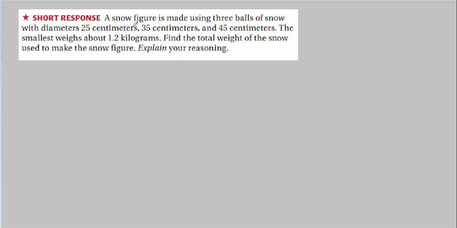Let's check out the scale factor from the small one to the middle one. And what do we get? 25 over 35. Well, that's the same as 5 over 7, right? And that equals k. But we don't want k, do we? We want k cubed. If k is how the diameters move, and those are the linear measurements, and we want to know how our cubic measurements move, that's volume. So we get 5 over 7 cubed.